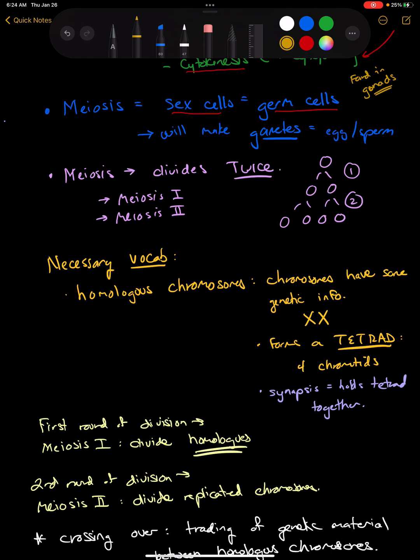So testes would be gonads, but so would ovaries, because we have to make both of them. We have to make egg, and we're going to have to make sperm, especially if you want to have fertilization and create new offspring. So meiosis, sex cells, germ cells, these germ cells are found within your gonads, okay?